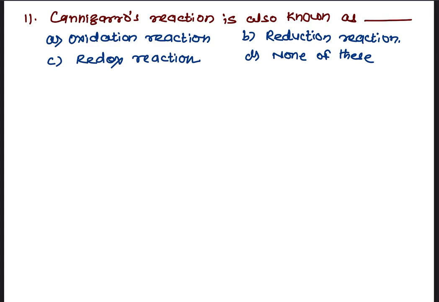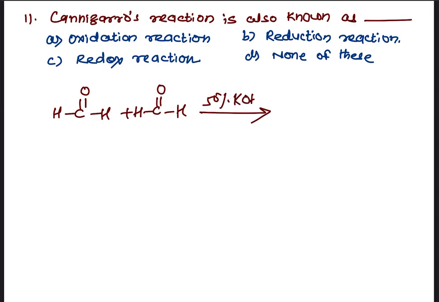So here, suppose formaldehyde, a reaction of formaldehyde with 50% potassium hydroxide. So here there is formation of alcohol and potassium salt of formic acid.